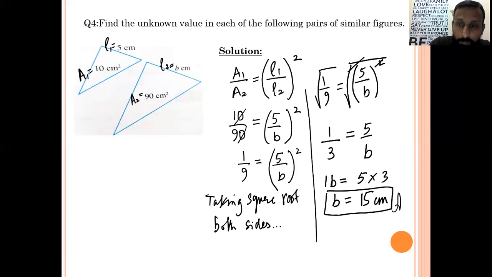So by using the same formula, the ratio of areas is equal to the square of the ratio of their corresponding lengths. So by applying the same formula, I found the unknown length b, and it is found to be 15 centimeters. Let's move on to the next question now.